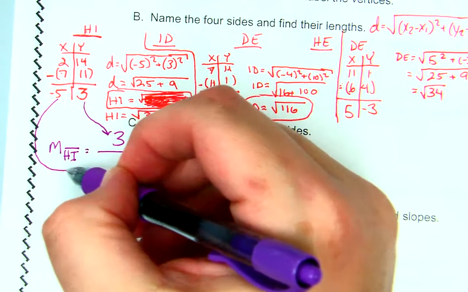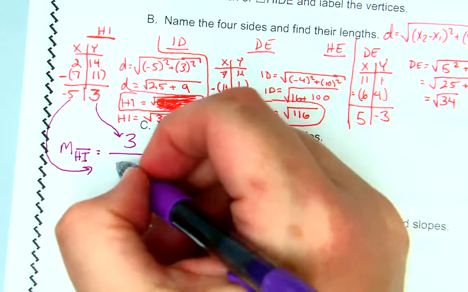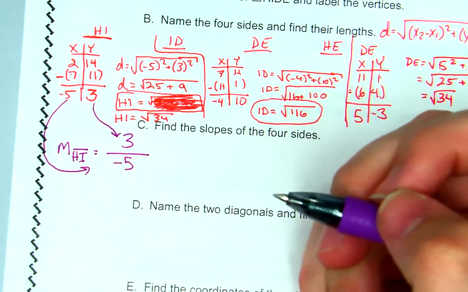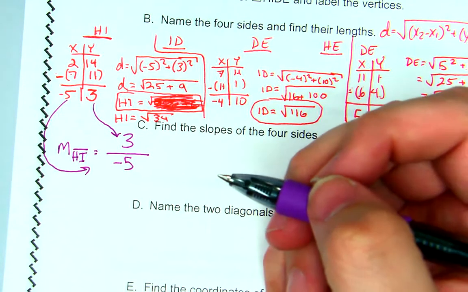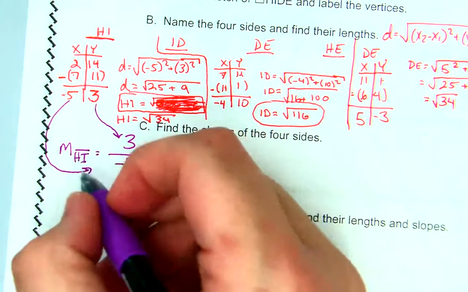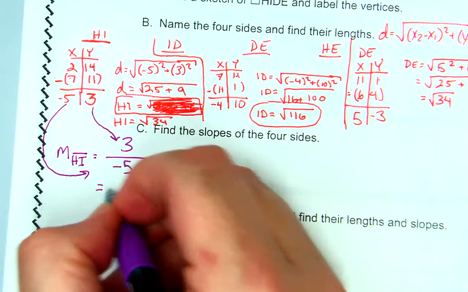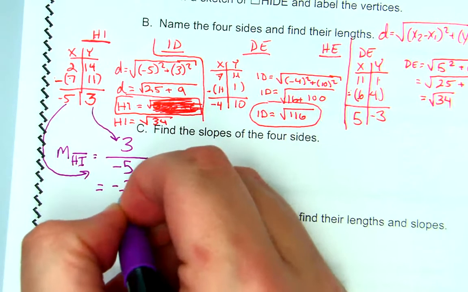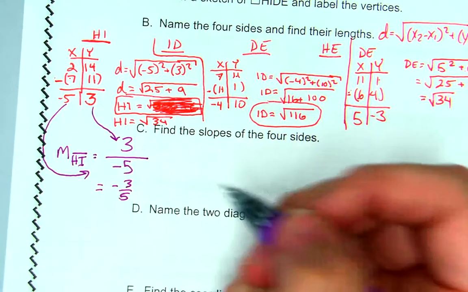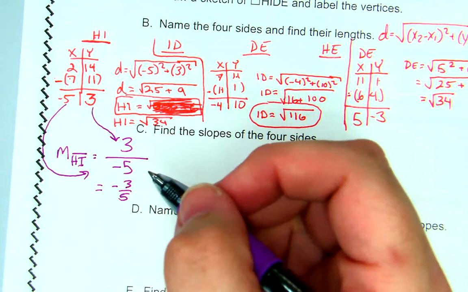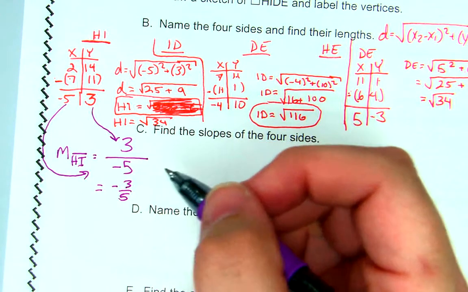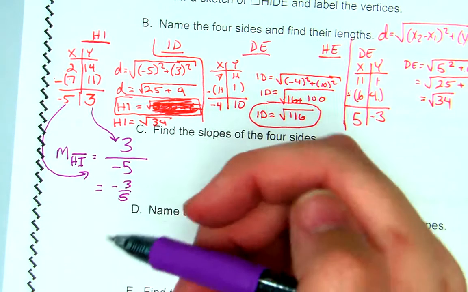Negative 5. So I can put the negative 5 right here. So I have my slope. And if you want to, you can say this is equal to negative 3/5, because we don't like negative signs in the bottom. Not a big deal, just as long as we know the whole thing is negative.